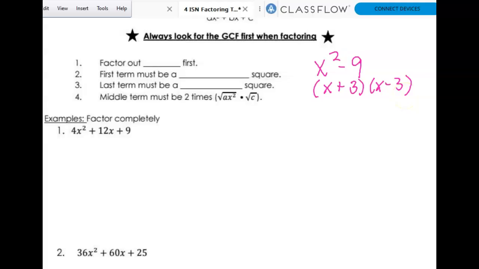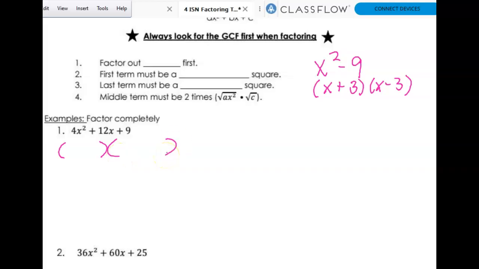If we look here, I have 4x squared plus 12x plus 9. Is the 4 a perfect square? Is the 9 a perfect square? So if that's true, if the first one and the last one are perfect squares, we're going to start this the same way. So let's put our parentheses.